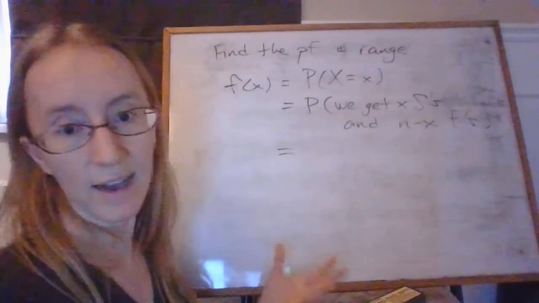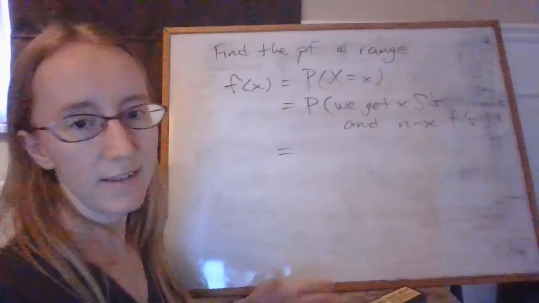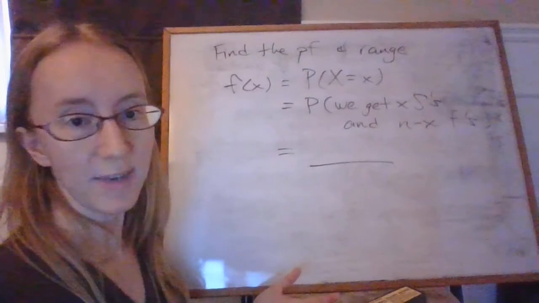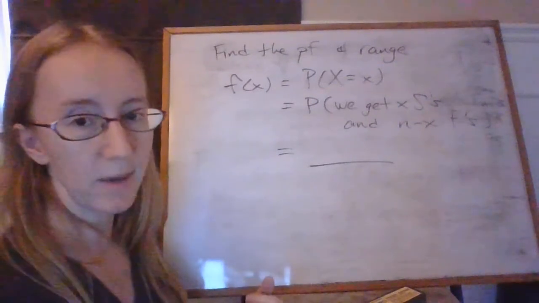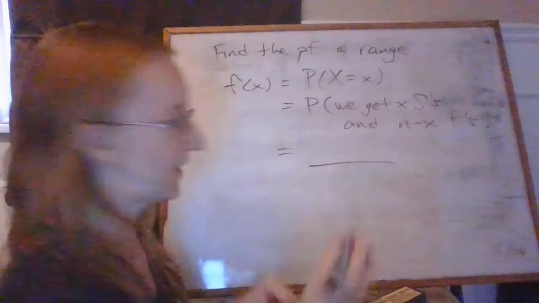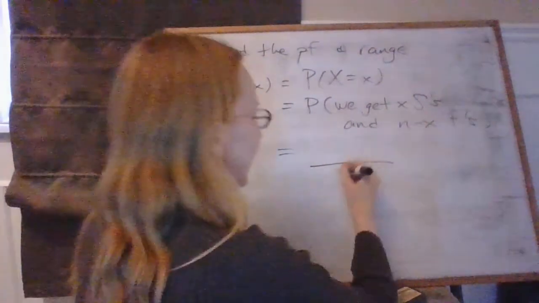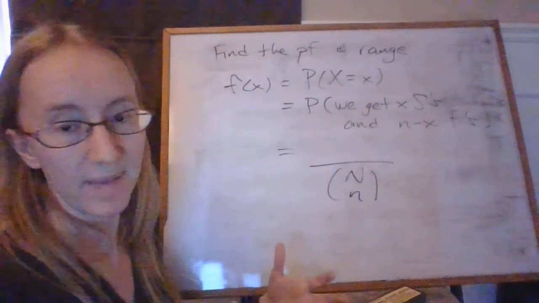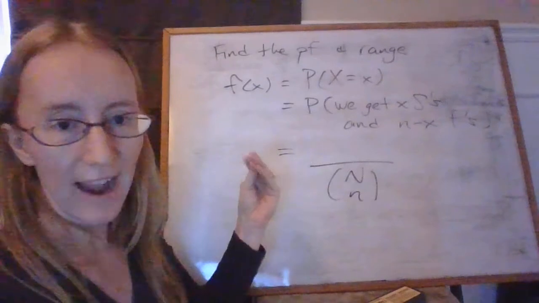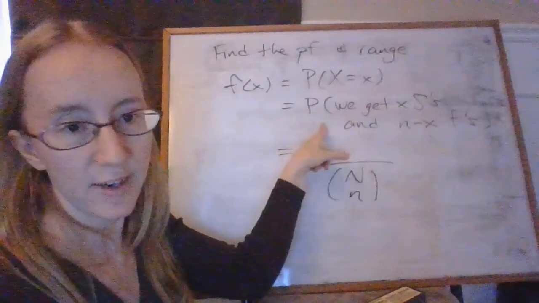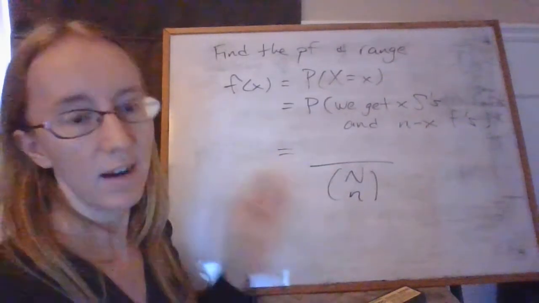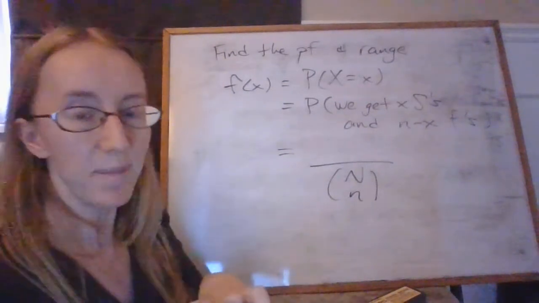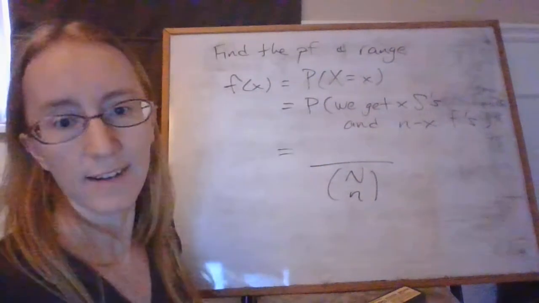You think about using the classical definition. How many ways are there for our denominator to select little n objects from big N objects without replacement, where we don't care about the order? Big N choose little n. That's how many ways there are to select these objects. Then for our numerator, how many ways are there to satisfy this exact condition, that we get exactly little x of the R successes and exactly n minus x from the big N minus R failures?